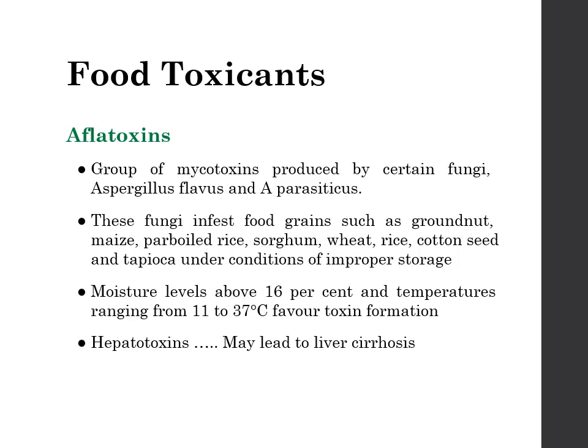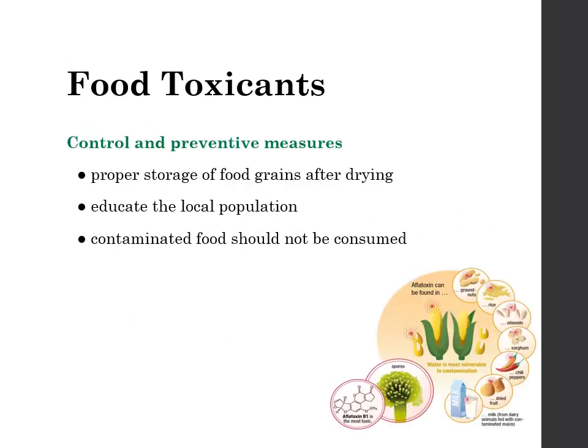These toxins are known to be hepatotoxins because aflatoxins have been detected in samples of breast milk and urine collected from children who suffer from infantile cirrhosis. So, research is going on and attempts are also being made to relate aflatoxins with human liver cirrhosis.